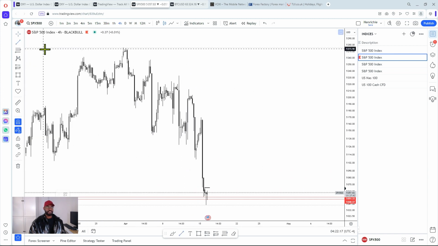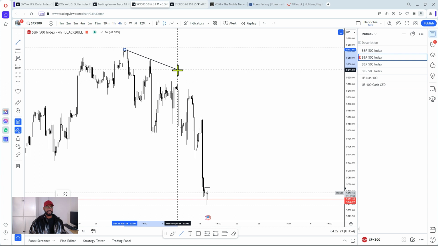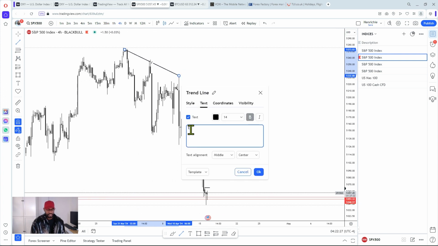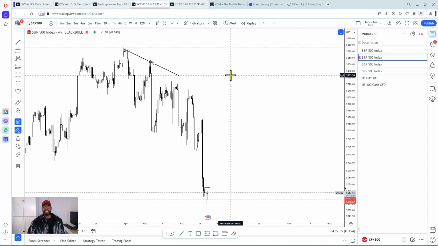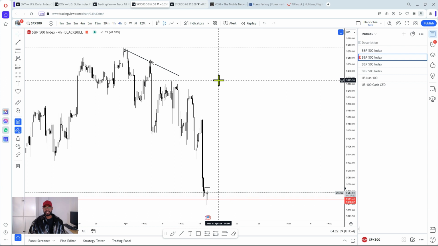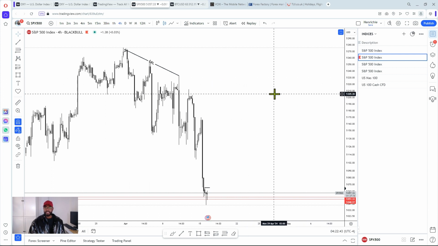the S&P 500, and we do have all this low resistance liquidity resting right here. So I wouldn't be surprised to see price eventually come to take the low resistance liquidity. So that is my analysis on the S&P 500, on the Nasdaq, on the US dollar, euro, USDCAD, AUDUSD.